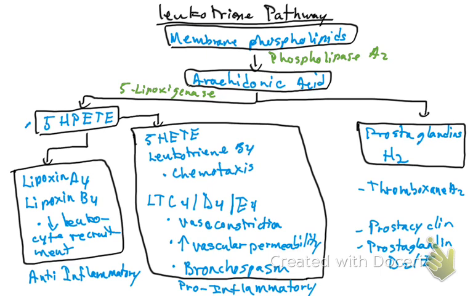Now with that in mind, we are going to move to the other slide and continue. Remember that we're talking about prostaglandin H2. I think it's better if we do it in the middle.